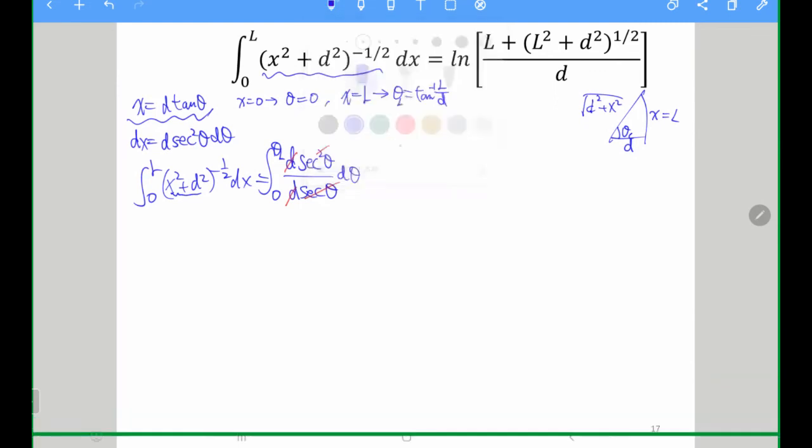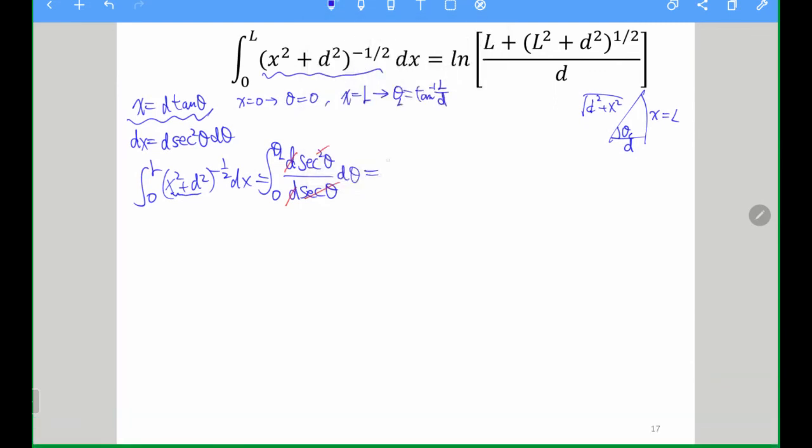Here we have a trick to do this integration.